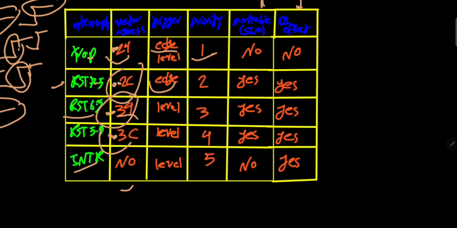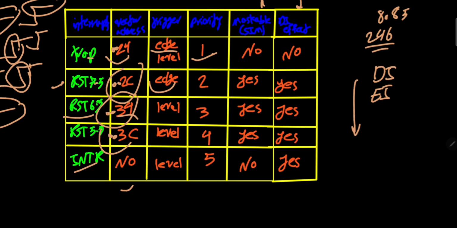There are two instructions in the CPU, in the 8085 CPU. Out of the 246 instructions that we've been talking about, there are two instructions called DI and EI. Let me just write down their opcode first. The opcode of DI is equal to F3, which is 11110011.